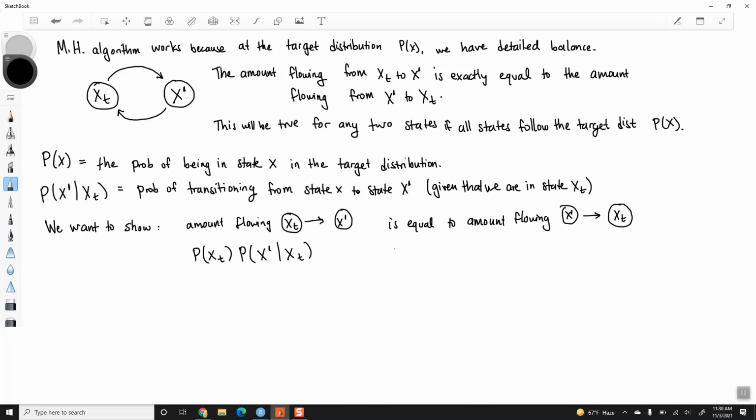And we want to show that this is equal to the probability of starting in x prime and then transitioning to xt given that we started in x prime, right?